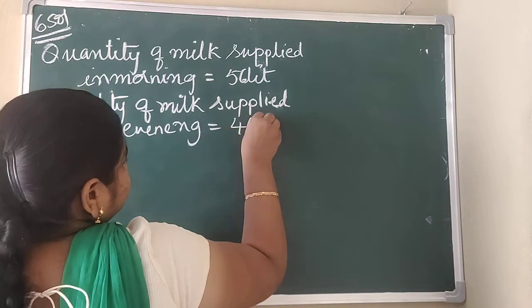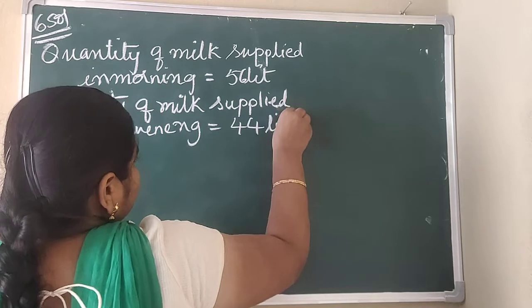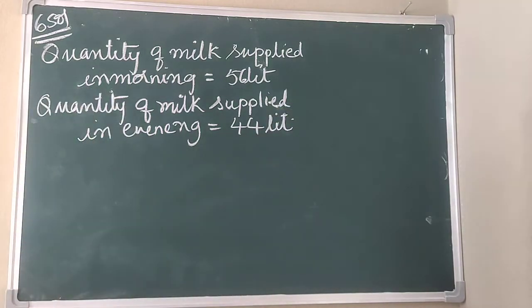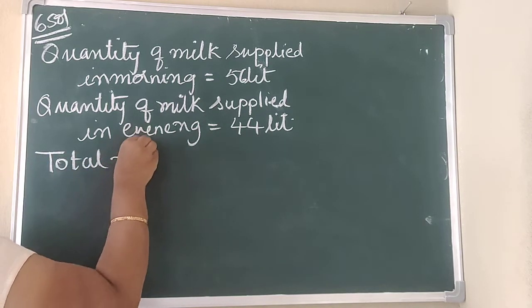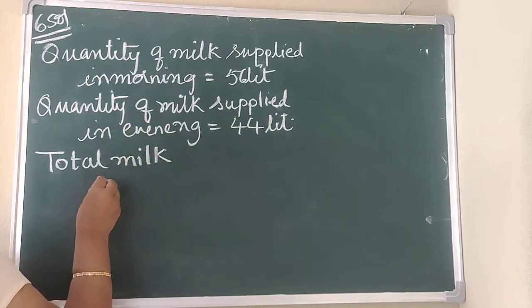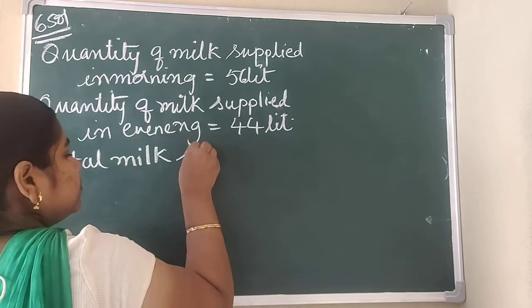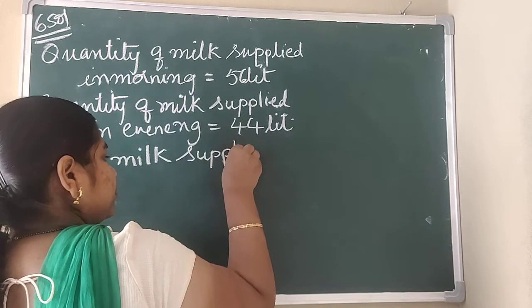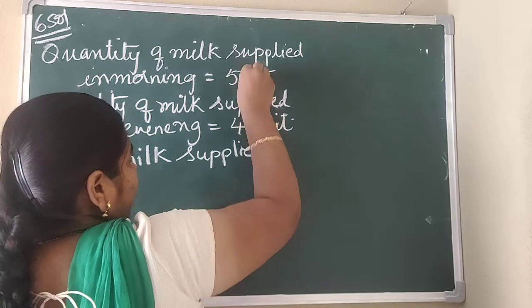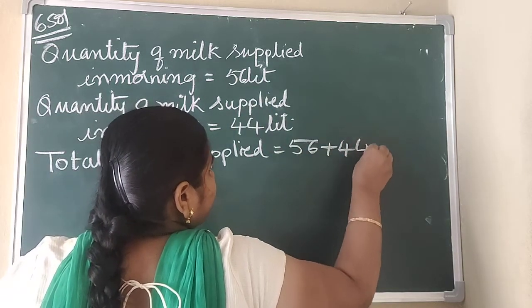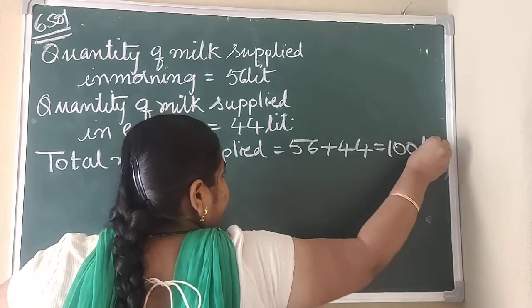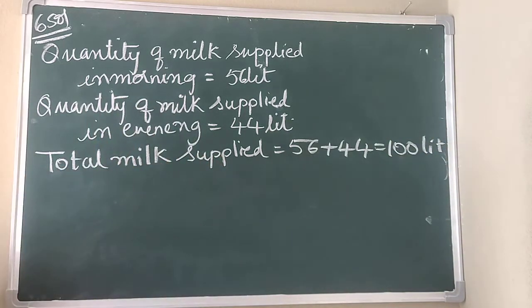So how many liters is he supplying per day? Total milk supplied is equal to 56 plus 44, which is 100 liters in one day.